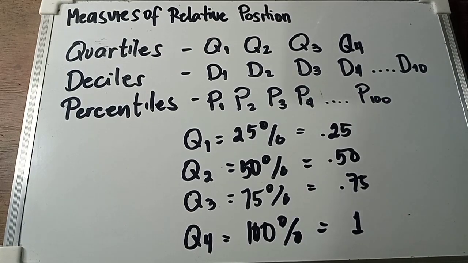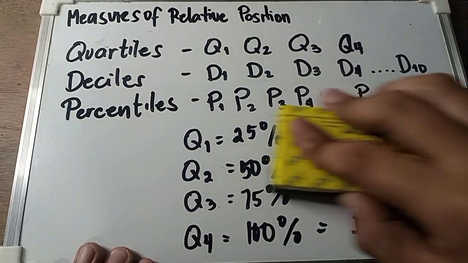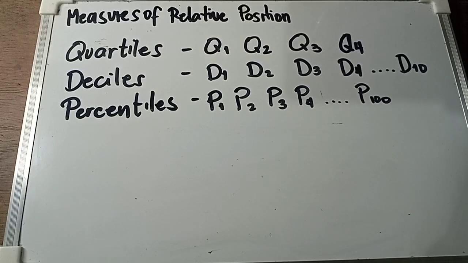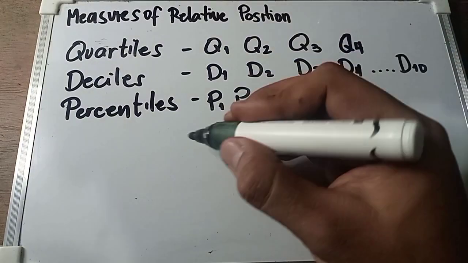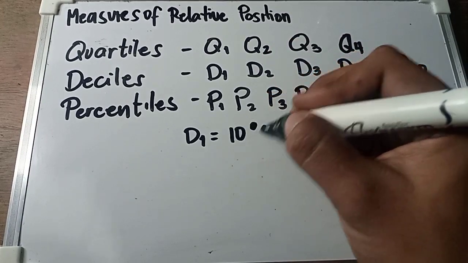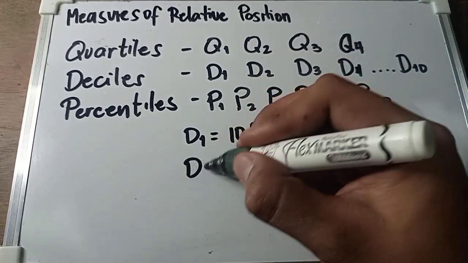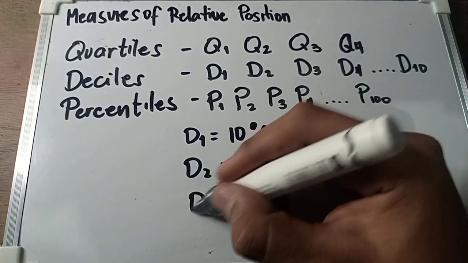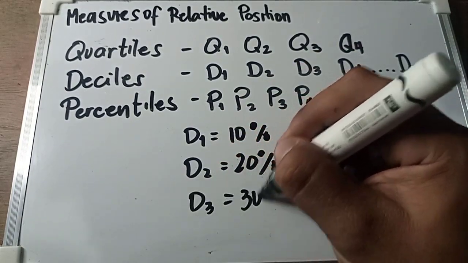How about si decile? So, si decile naman ay nahati sa 10. Si D1 ay 10%. Si D2 naman ay 20%. And D3 is 30%.